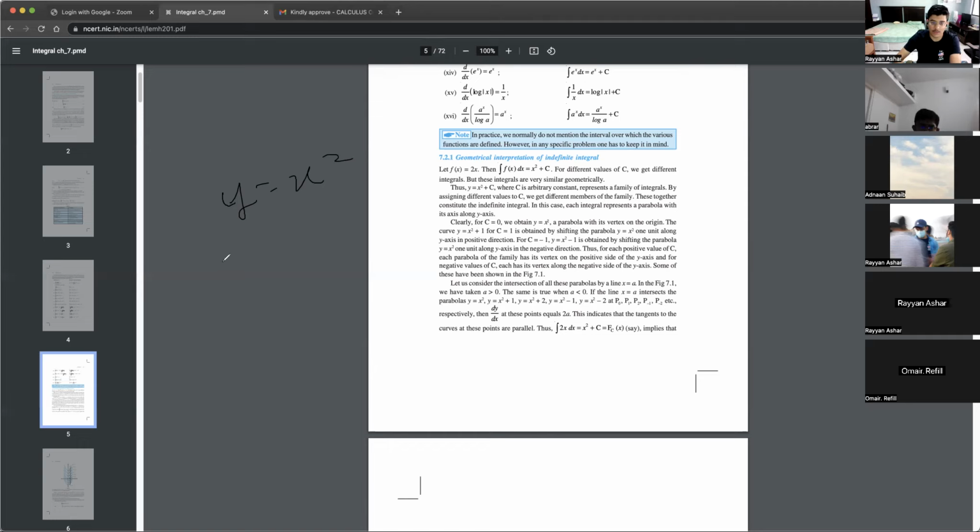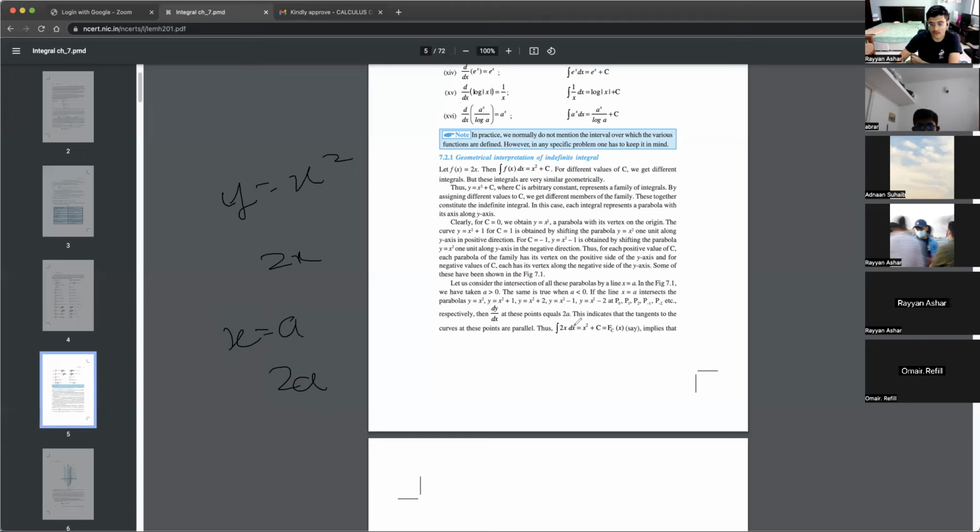So the derivative dy by dx will always give us 2x. But the reason we get 2a is because the intersection of all these points is at the line x equal to a, so we substitute x equal to a. So this indicates that the tangents to the curves at all these points are parallel, like Omer said, yeah.